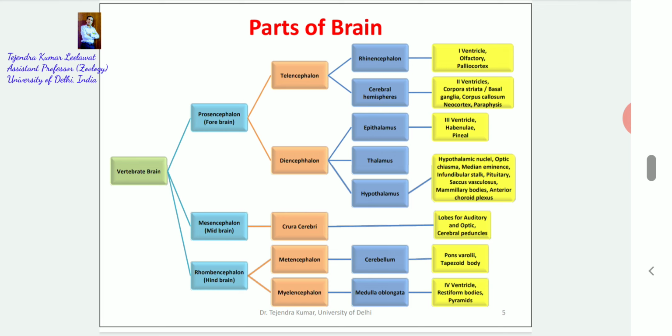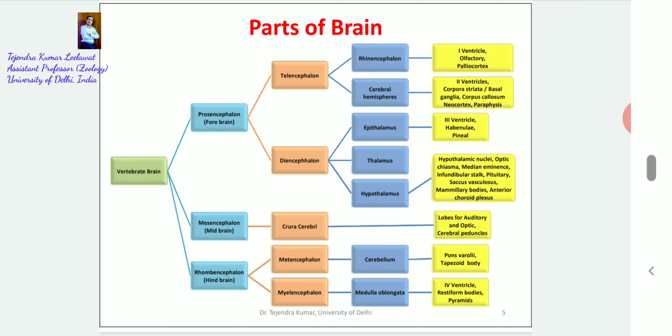Second one is cerebral hemisphere. Cerebral hemisphere has the second ventricle, corpus striata, and basal ganglia. Corpus striata is generally found in lower vertebrates, whereas basal ganglia is present in higher and more developed vertebrates. Corpus callosum connects the two hemispheres. Neocortex is more evolved, and prophylaxis we will discuss later on.